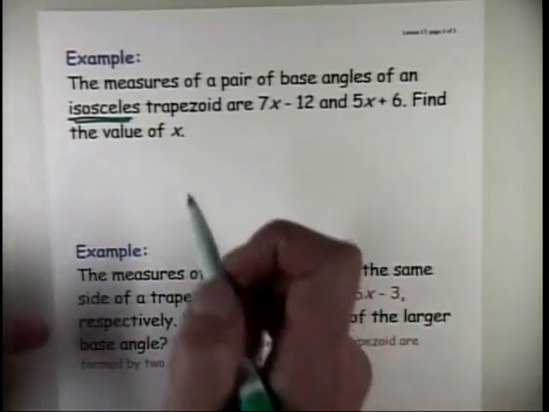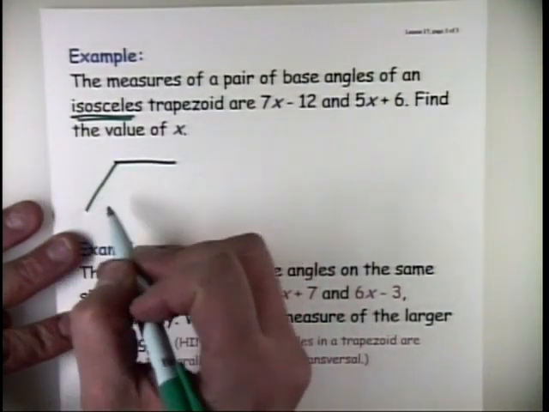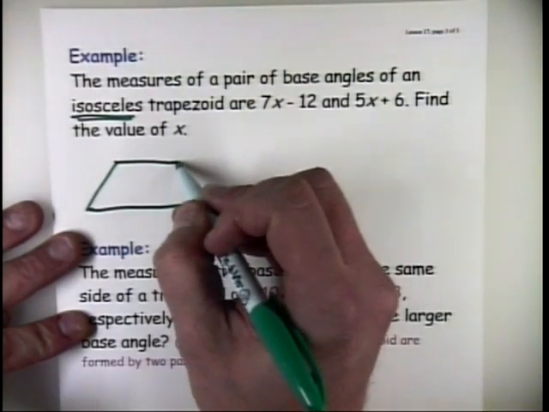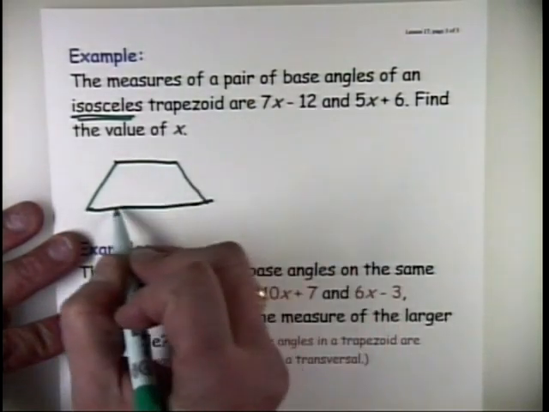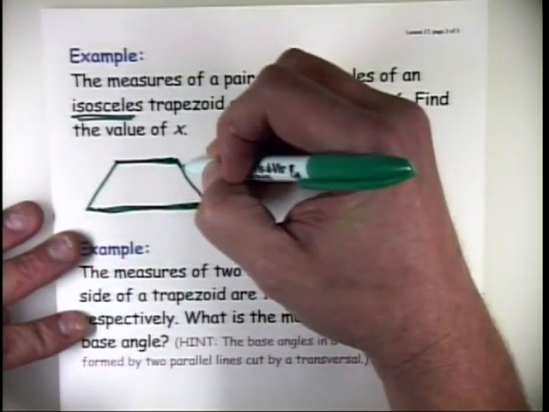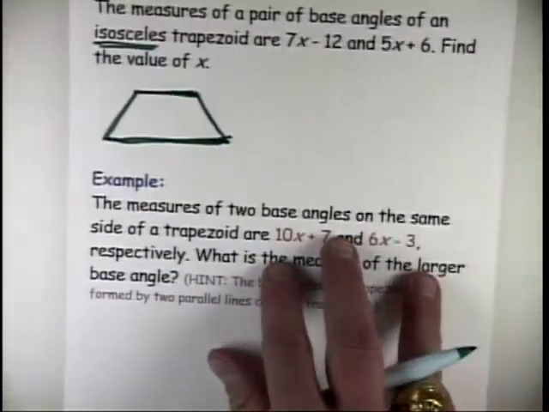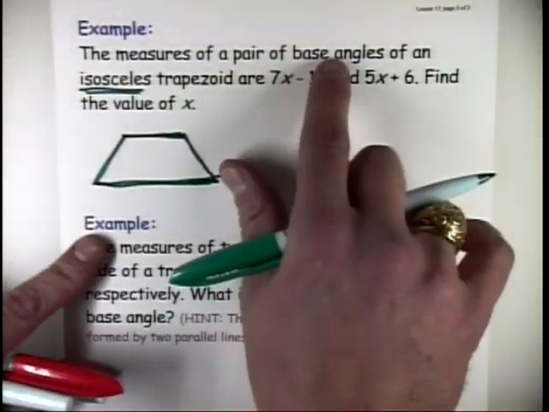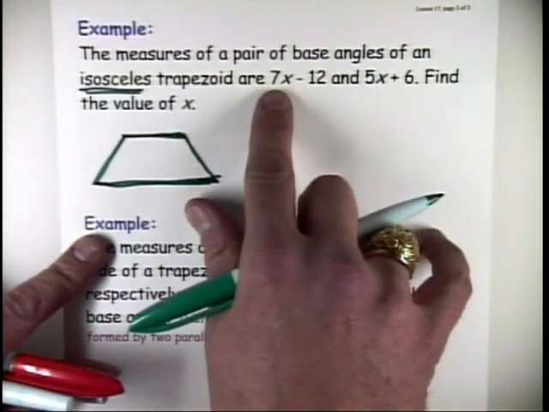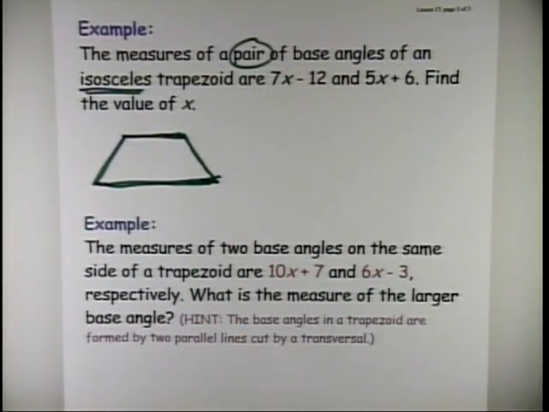We draw one. Now we're going to draw an isosceles trapezoid. A real conventional isosceles trapezoid would have the base on the bottom a little bit longer, and that's something we have a natural tendency to do so that it looks more stable. We could easily have drawn it upside down like that. But we're going to use this one, and it says the pair of base angles are 7x minus 12 and 5x plus 6.